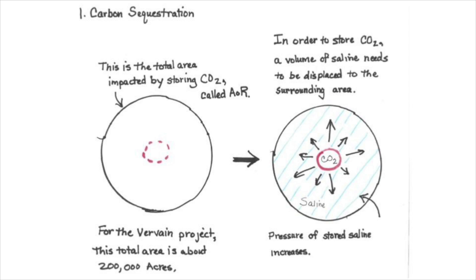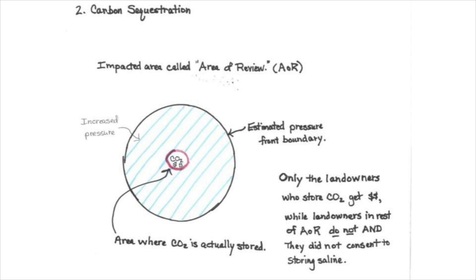Okay, we'll go to the next slide. And again, you see this area of review. You see the blue slashed area is under increased pressure, and the estimated pressure front boundary. And in the center is the area where CO2 is actually stored.